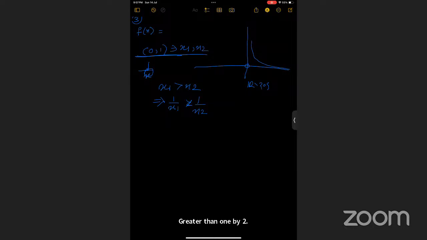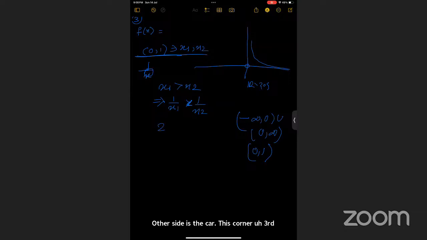The domain is (0, infinity), so we can take this one. For this we have the reverse. No, you have to compare directly. 2 is a greater number than 3, right?